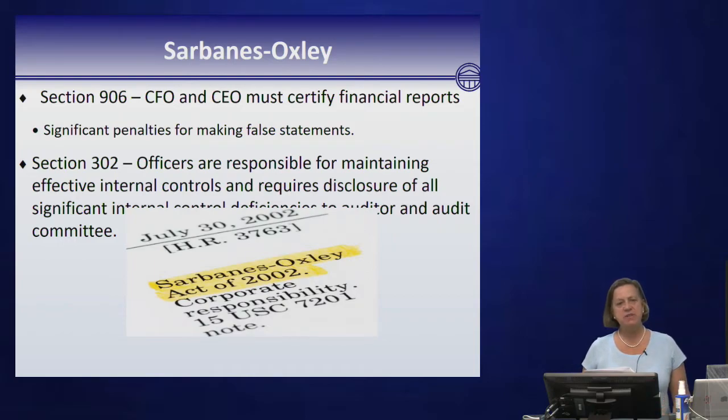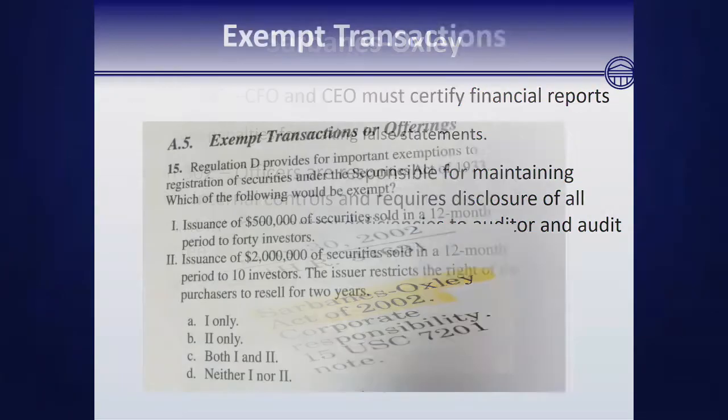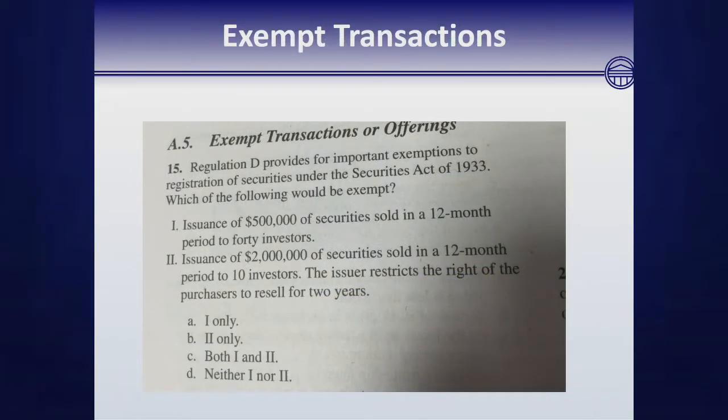So let's look at some of the questions that I assigned you for these modules. The first question is question 15, and it deals with exempt transactions. Regulation D provides for important exemptions to registration of securities under the Securities Act of 1933.